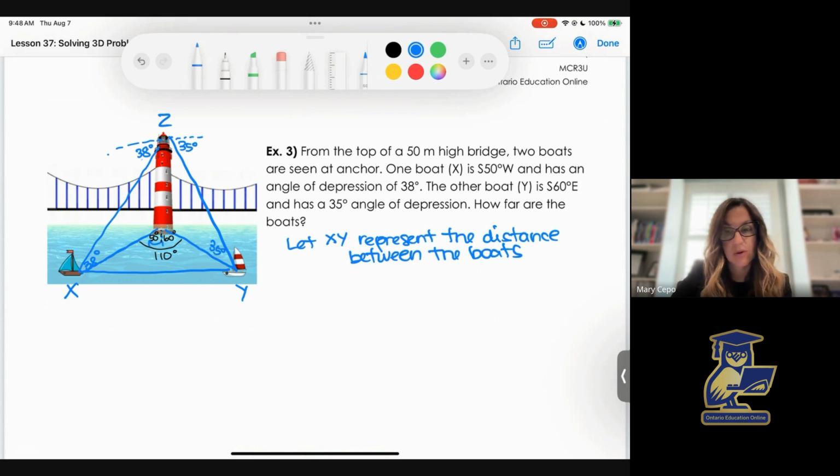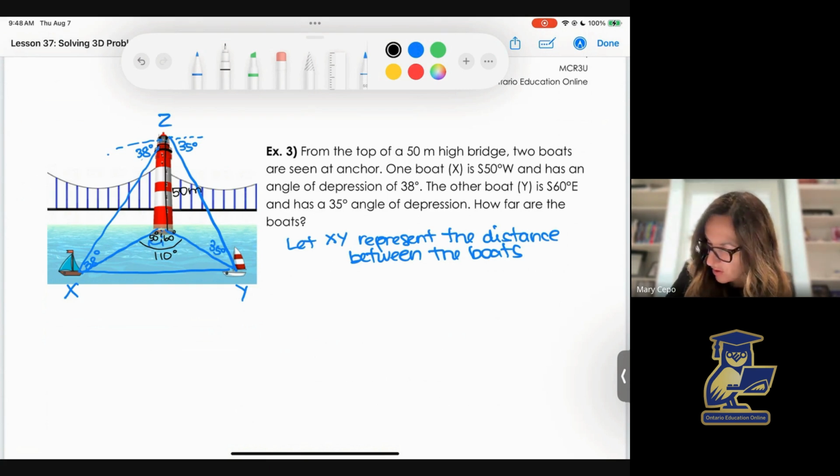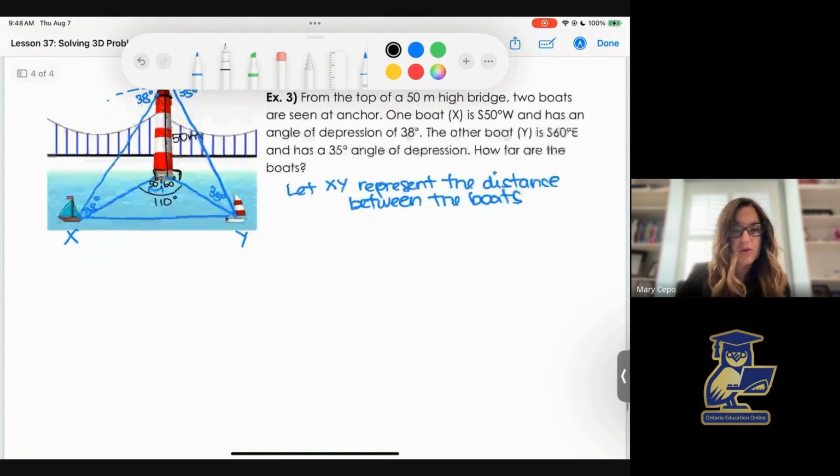What we can do, however, because we do have the top of the 50-meter bridge, that means that we know the height of the tower would be 50 meters. Okay, so that information helps us. Now, again, most of these structures should be perpendicular to the ground. So what that tells us, if there's a 90-degree angle, we can use trigonometric ratios.